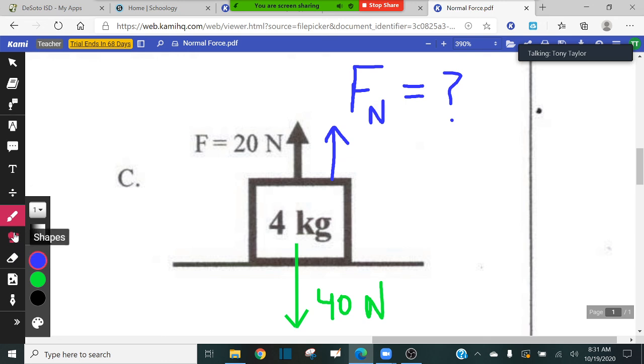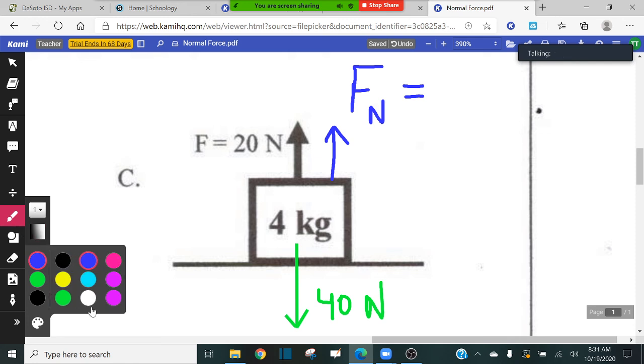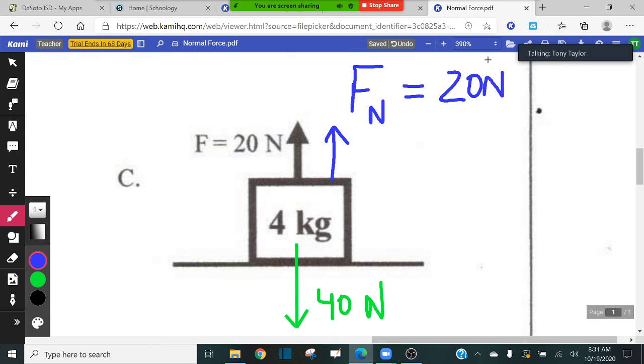So you guys got it right. The normal force has a magnitude of 20 newtons, because 20 plus 20 is equal to 40.